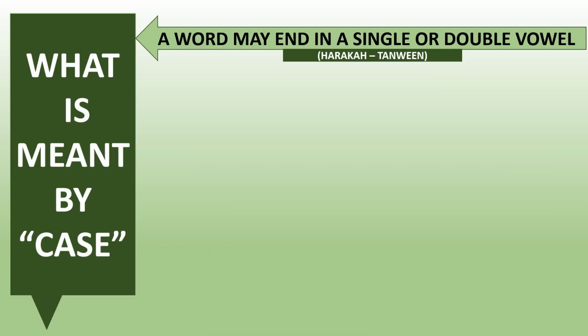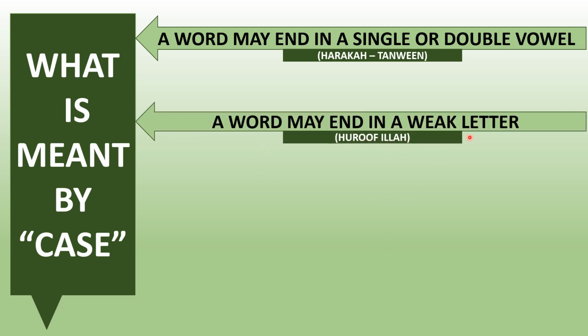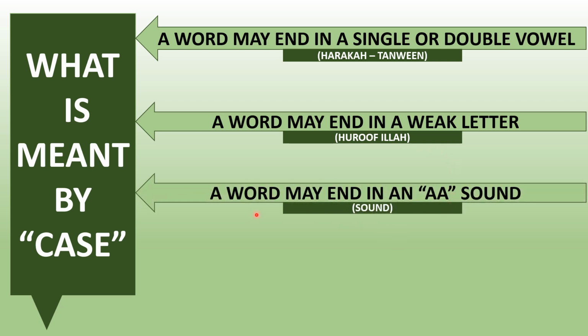So to sum up this concept of case, what is meant by case, we could say a word may end in a single or double vowel, haraka or tanween, that's the one understanding of case. Secondly, a word may end in a weak letter, huruf illa, waw, alif, or ya. A word may end in an R sound, the example of Musa and so forth.